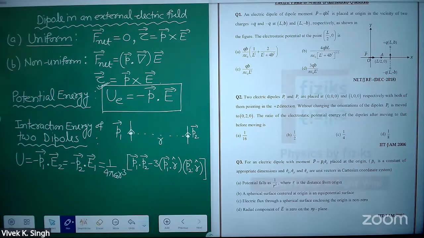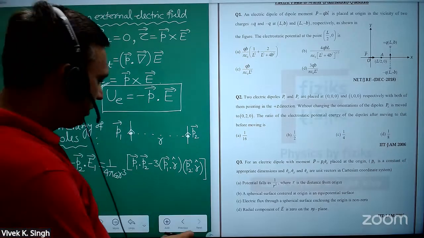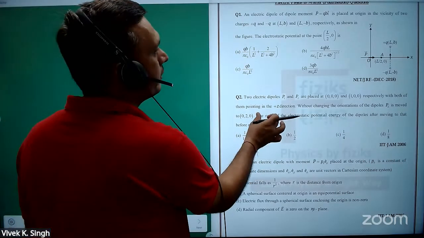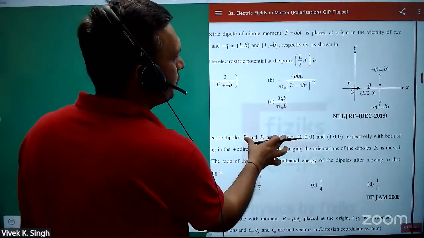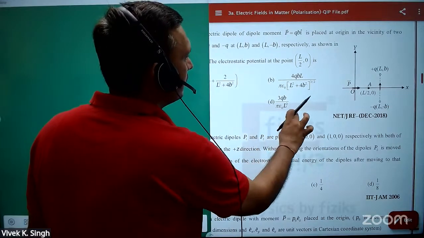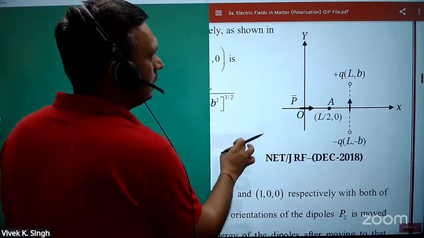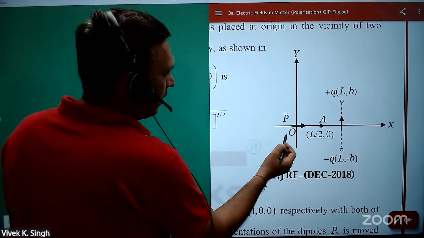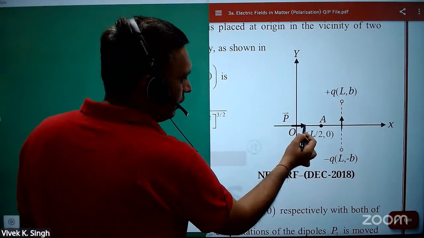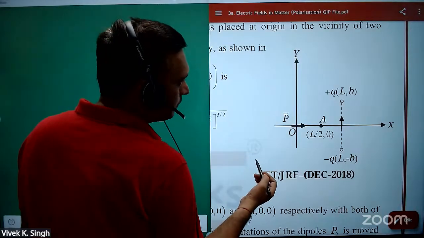So let's see. Now start with question number 1. First see this figure. One dipole is placed here.